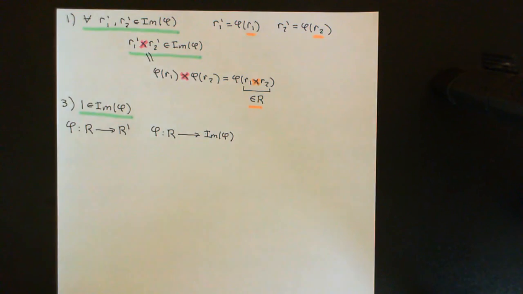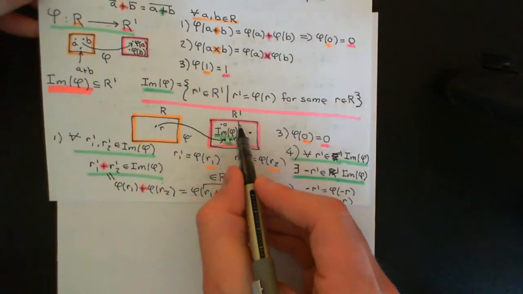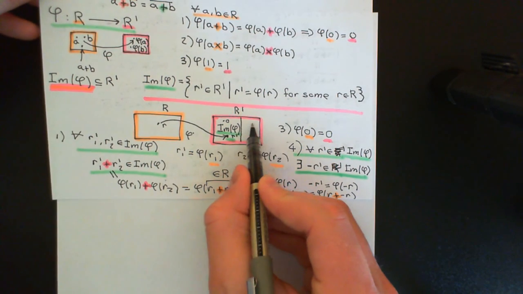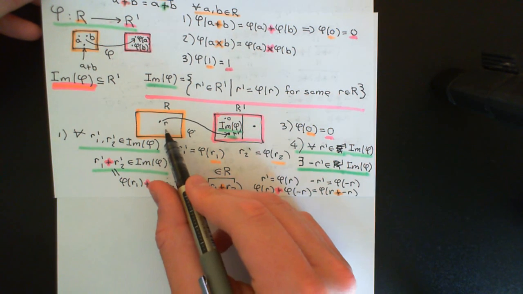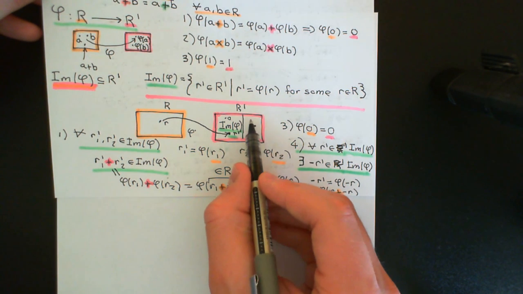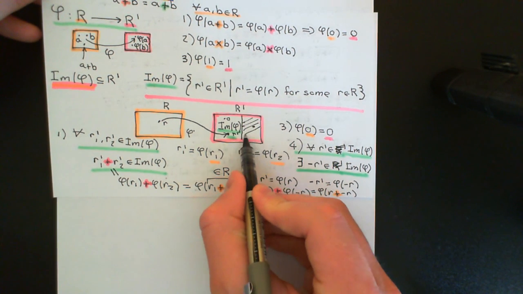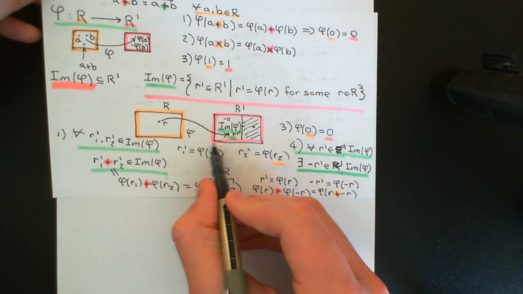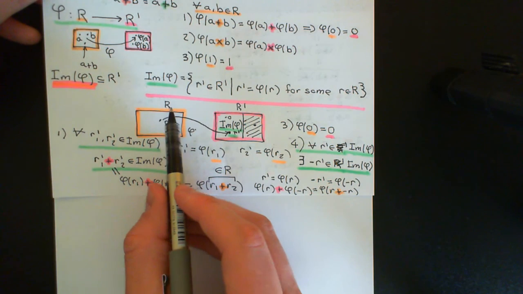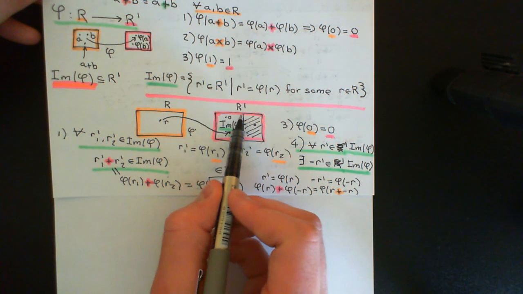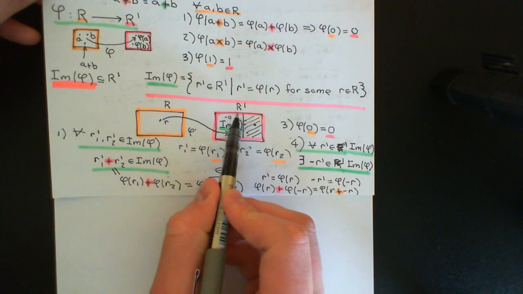So if I get my picture back again, this bit is completely uninvolved in the actual homomorphism. It's not involved in it at all. Nothing from the domain ring gets mapped onto that. So you really don't need this bit to exist in order to understand this homomorphism. You can just think about it as a mapping from the domain ring R here onto this subring, which is a ring in its own right.